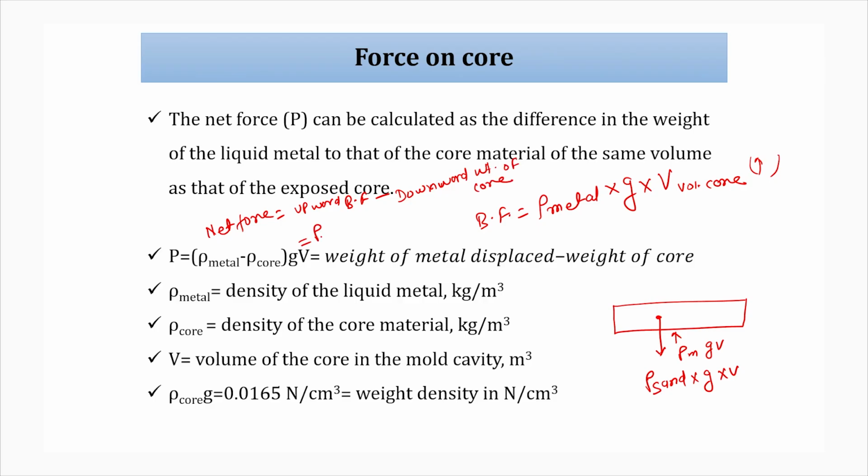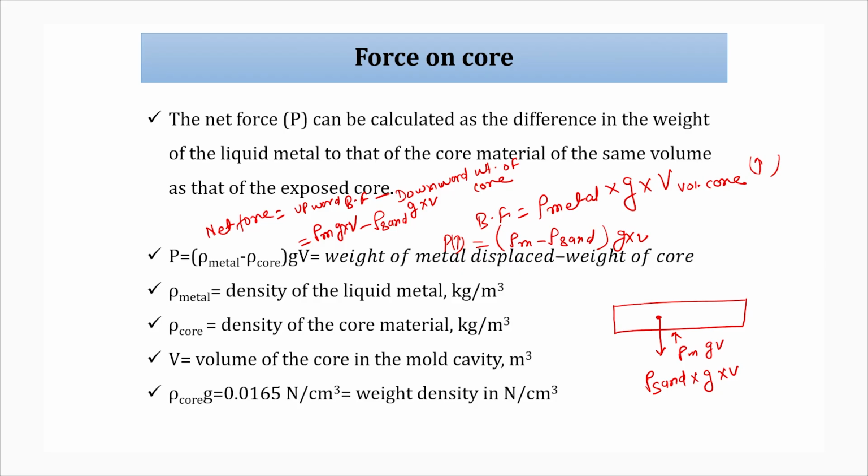So, rho metal g into V minus rho sand g into V. So, what is the common? Rho m minus rho sand into g into V, and which is acting upward or downward depending on the value.